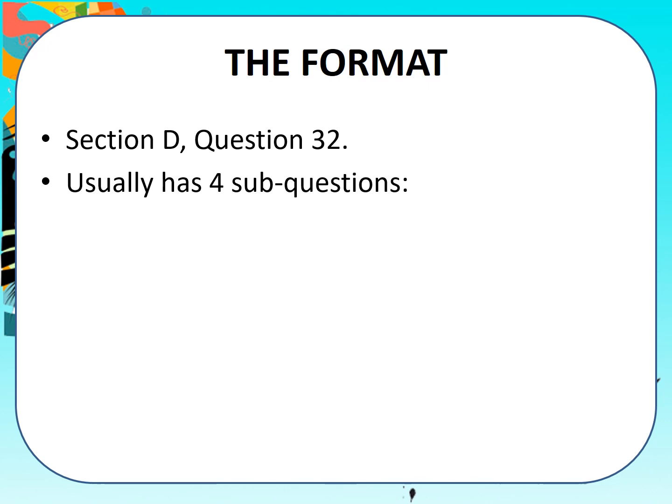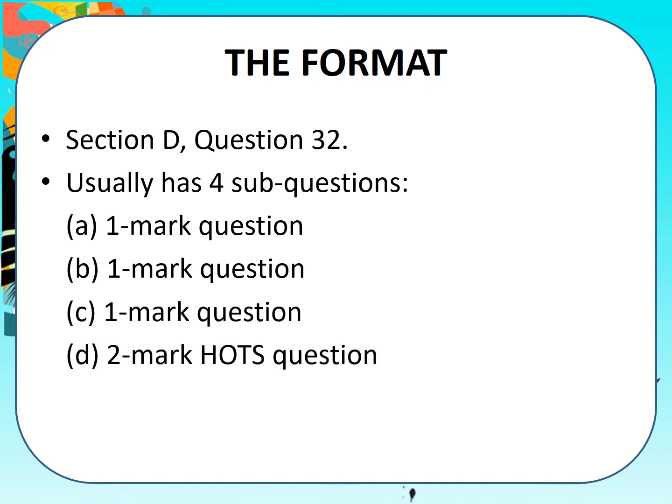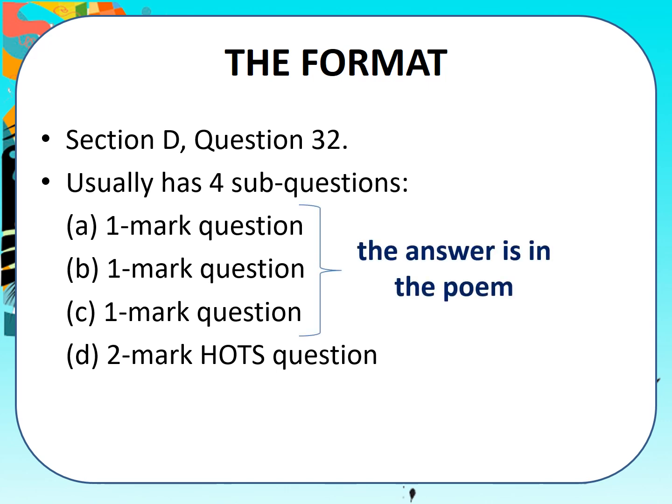Poem questions usually have 4 sub-questions, right? So we have question A, question B, question C, and question D. Question A, question B, and question C have only 1 mark. And these questions are normally straightforward, and the answer can be found in the poem itself.